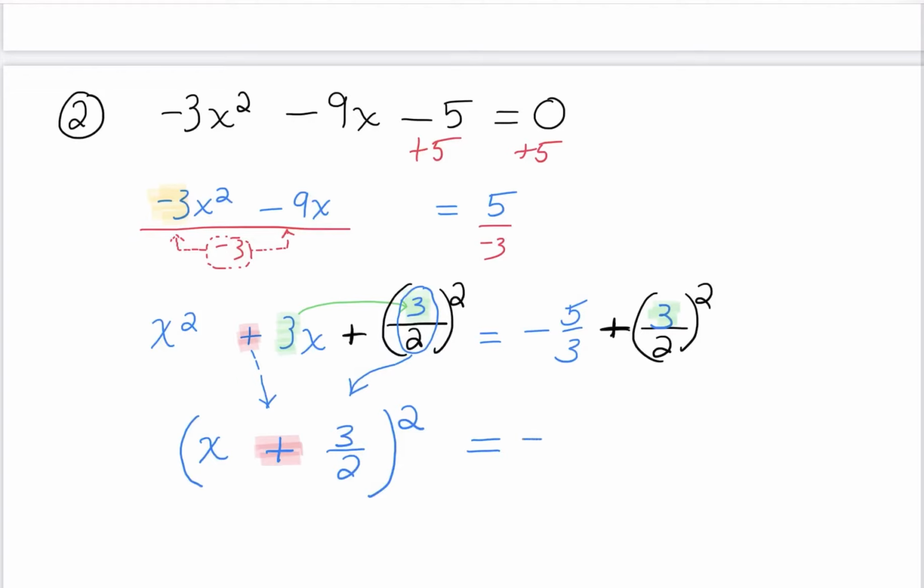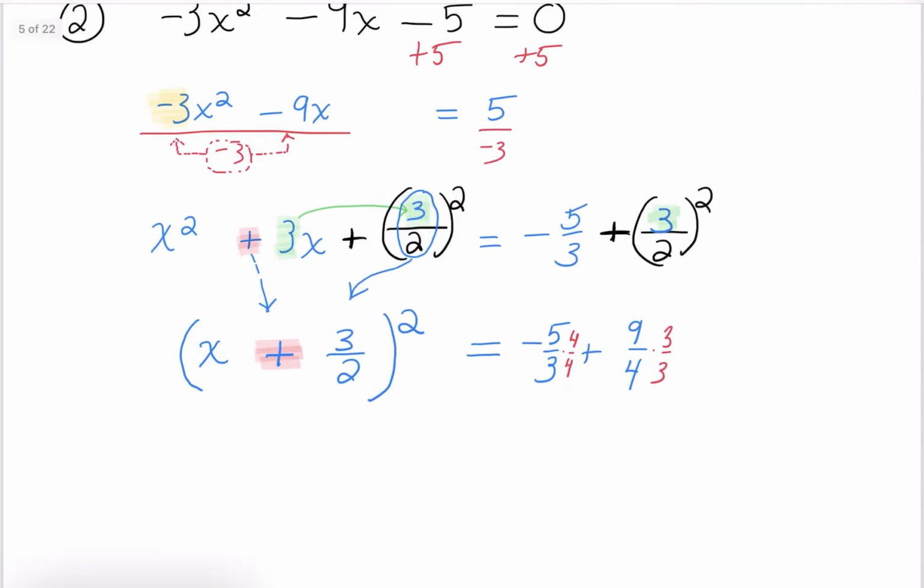Now on the right-hand side, we have to just do some arithmetic here. The 3/2 squared, squaring the numerator and squaring the denominator, I get 9/4. I do need to get a common denominator here because I need to simplify this right-hand side. So I'm going to go ahead and multiply the first fraction by 4/4, my second fraction by 3/3. And so this is going to become negative 20/12 plus 27/12.